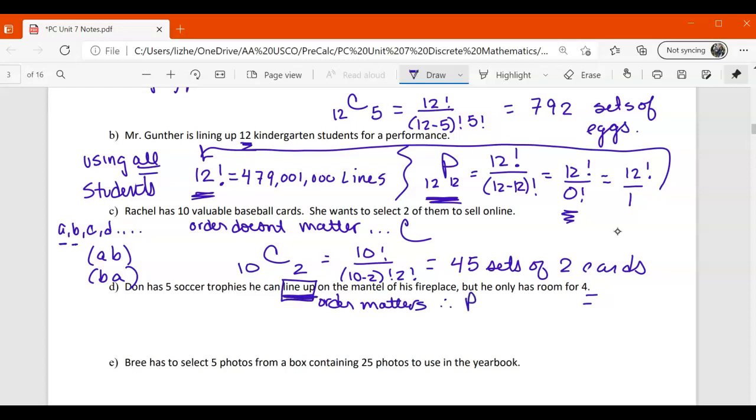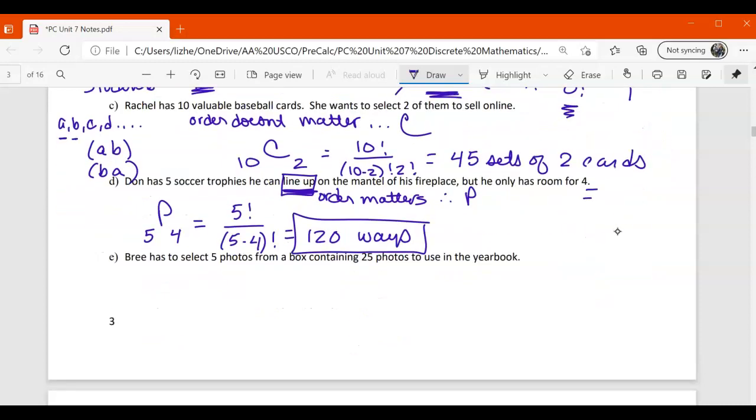Those words, lining up, you're not going to start with your worst trophy. There's an important order there. That's what lining up means to me. So, okay, we're going to call it a permutation, and there's 5 trophies. We're choosing 4, so we're going to say that's 5 factorial over 5 minus 4 factorial. Put it in your calculator, and there's 120 ways to line up those trophies.